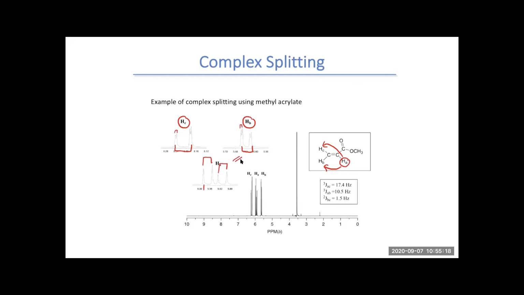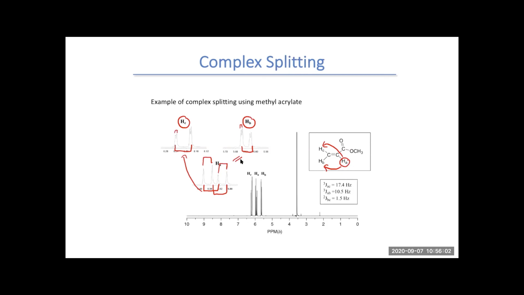And then the trans coupling constant is on the bottom here. And that distance is about the same as we see for HC. So you can see the coupling constants match each other. So we can say HA couples with HC, HA also couples with HB. And so it's looking at the close zoomed in pictures like this that we're able to determine our cis-trans configuration.